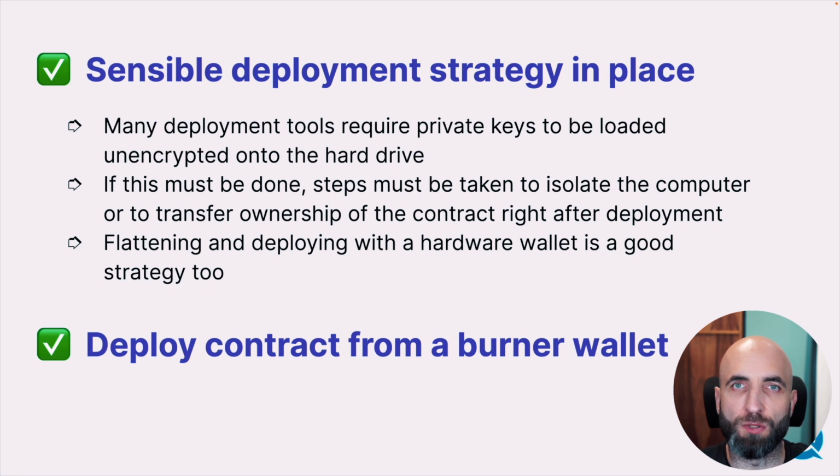So if the deployment tools need access to your private keys or need to store those private keys anywhere on your computer, then you have to make sure that those private keys cannot be accessed by anyone, or even that you use it once and for a very short time, and then transfer ownership as soon as you deploy the smart contract. Using a hardware wallet is also a sensible thing to do.